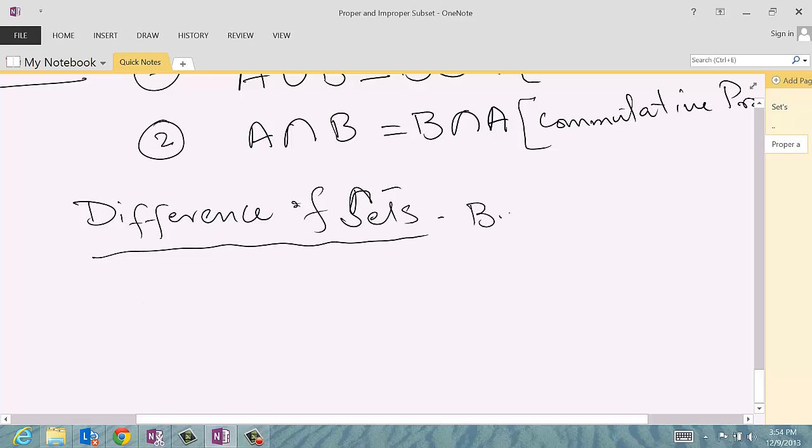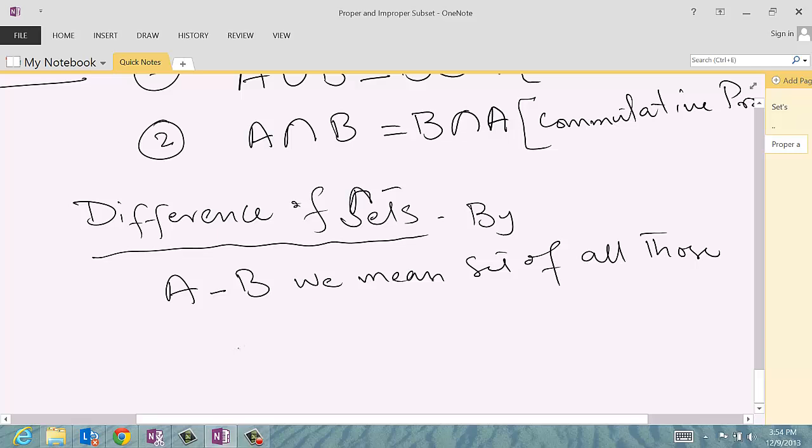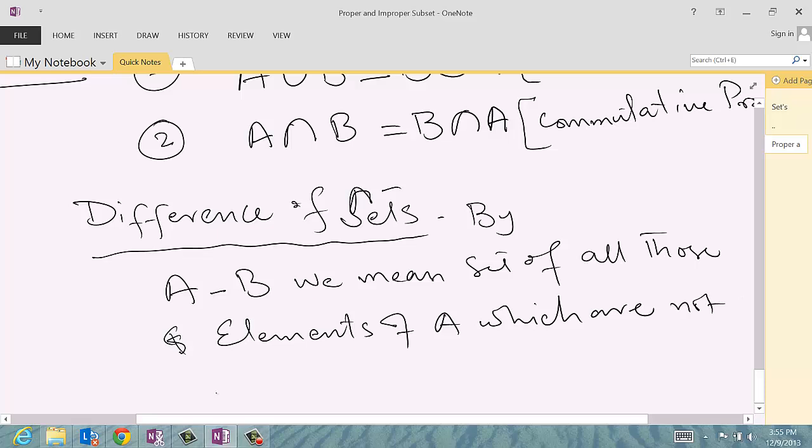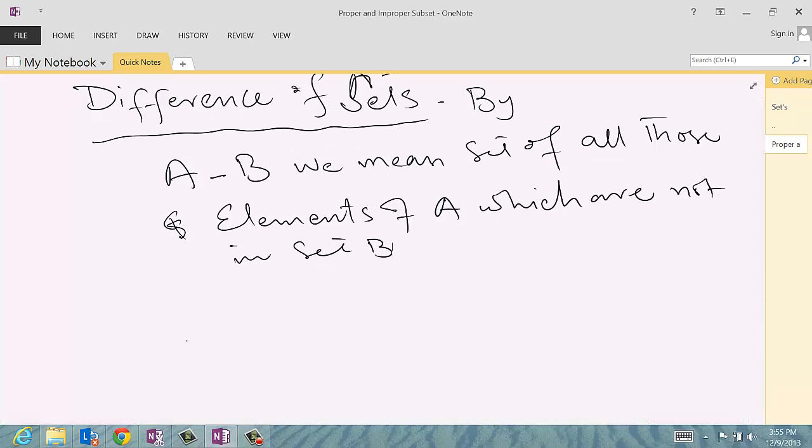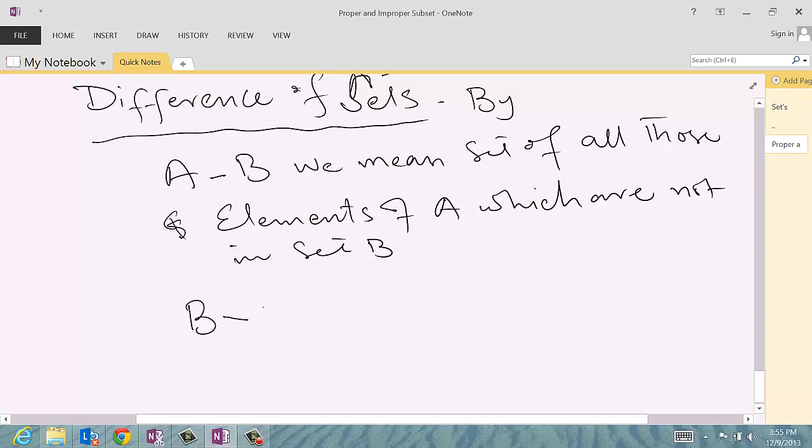By A minus B, we mean the set of all those elements of A which are not in set B. So if you were to write this definition for B minus A, of course it is going to be the set of all those elements of B which are not in A.